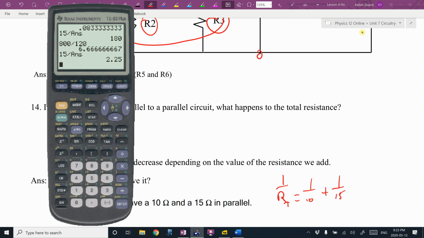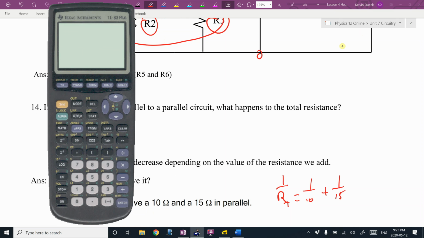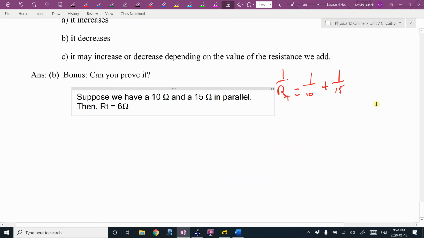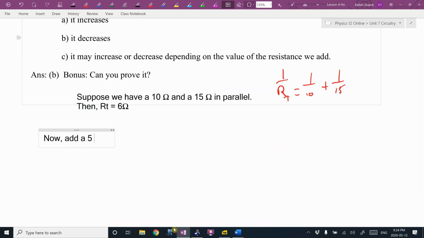So 10 reciprocal plus 15 reciprocal equals reciprocal 6 ohms. Now add a 5 ohm resistor.